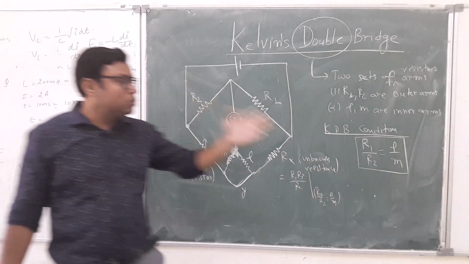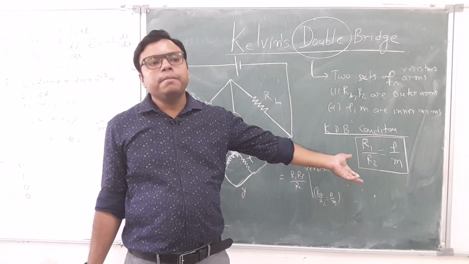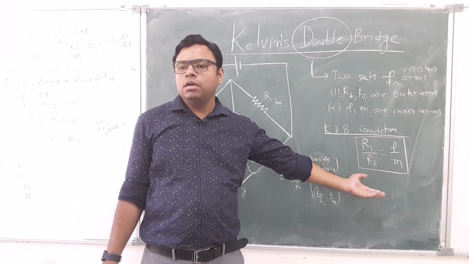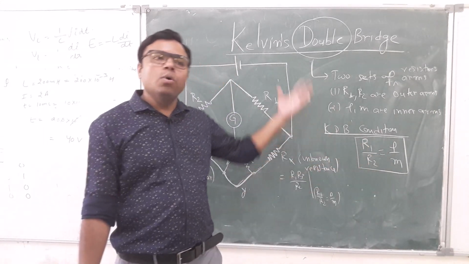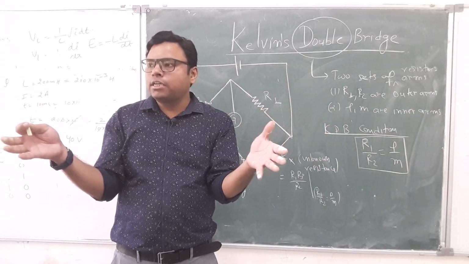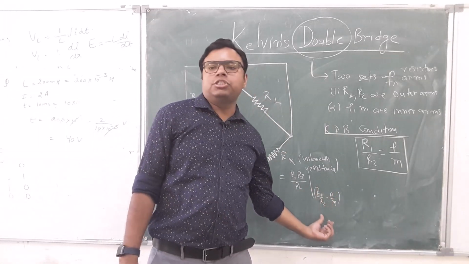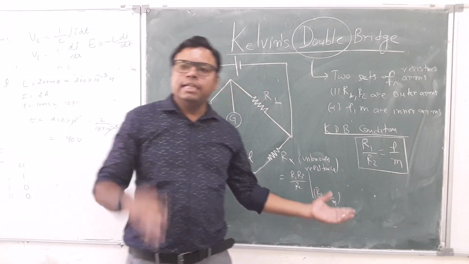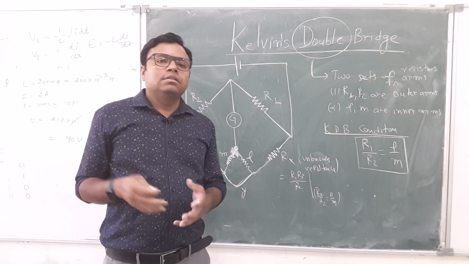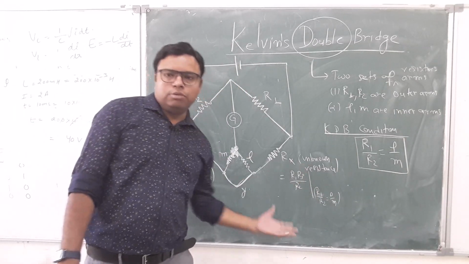So suppose I do not know this condition. Either I am the god of the circuit, so I know, I have intuition, or suppose I do not know. So I will go analytically and I will get a big, complex equation. From there I will see that if I create a condition like this, then I will cancel out other extra terms and this clean equation will come.